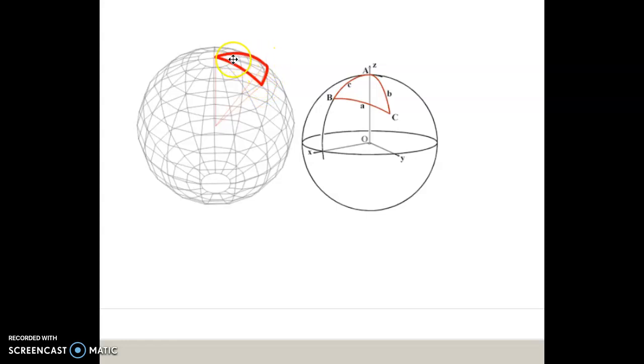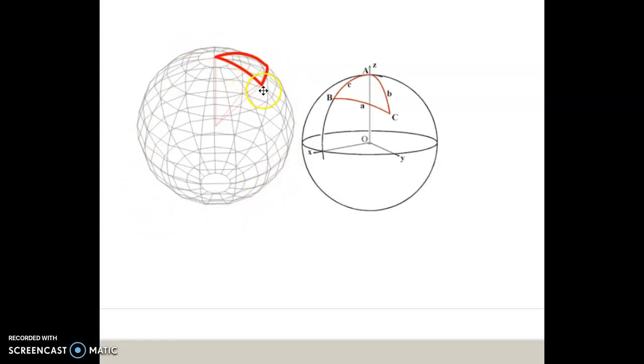Now we have created something called a spherical triangle. The definition of a spherical triangle is that all three sides must be part of something called a great circle. This line, if you continue it, will go all the way to the South Pole. This line also.